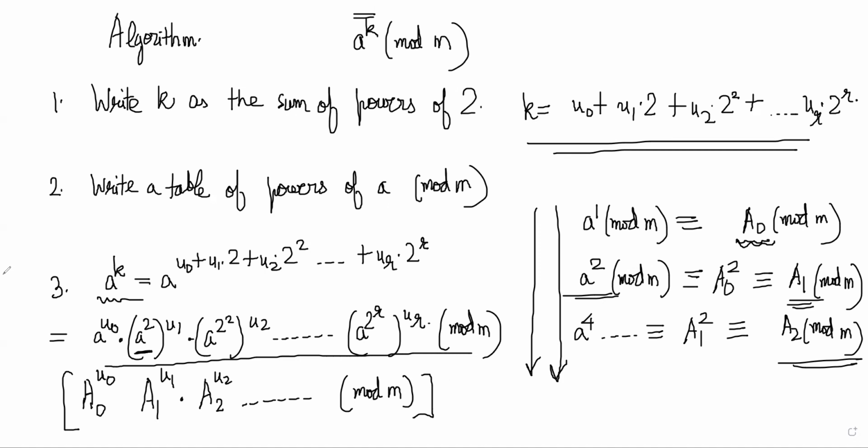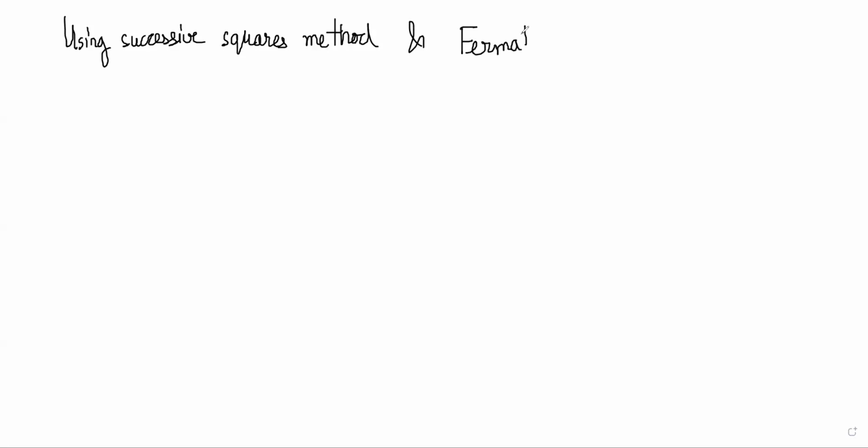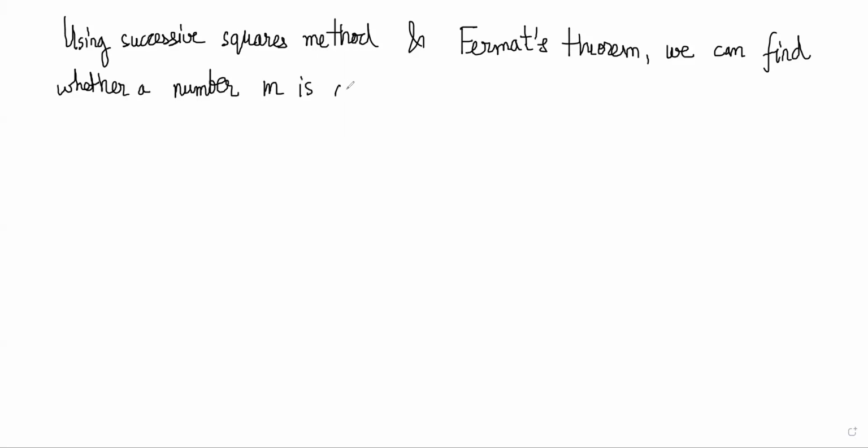Now, one very interesting application of this is that, using the successive squares method and Fermat's theorem, we can find whether a number m is composite without factoring it at all, without factorizing it.